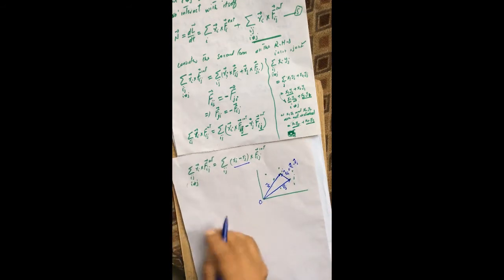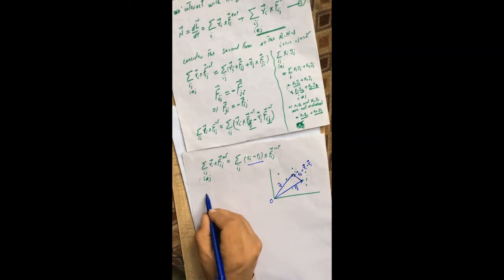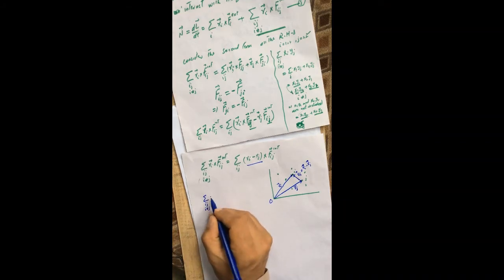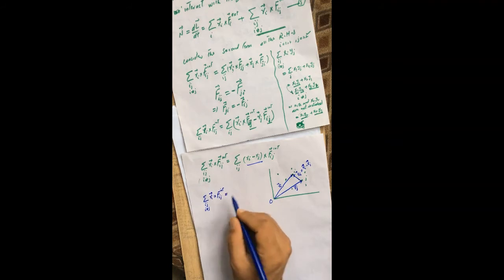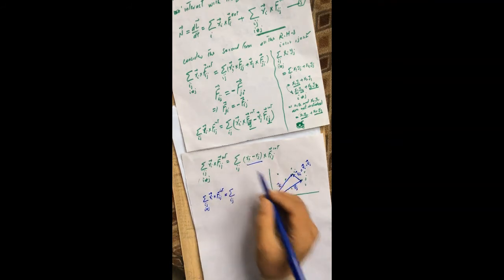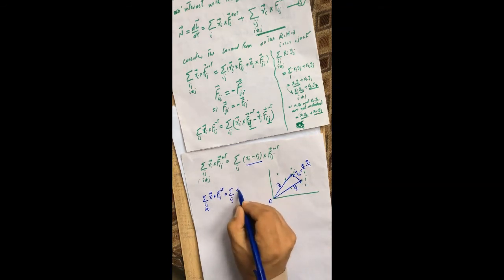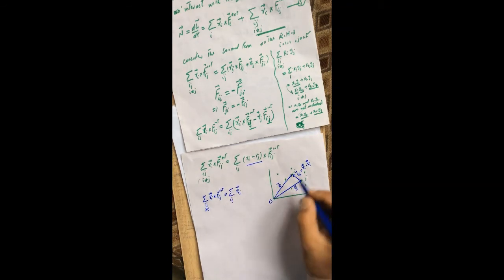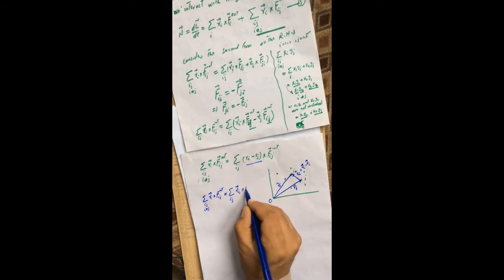So this equation reduces to the sum over i, j such that i is not equal to j of ri cross Fij internal, which is equal to the sum over i, j of rij cross Fij, where I have replaced ri minus rj by rij.